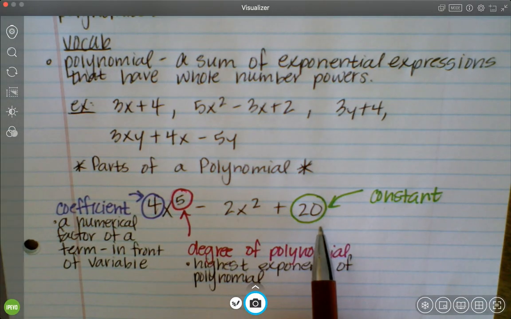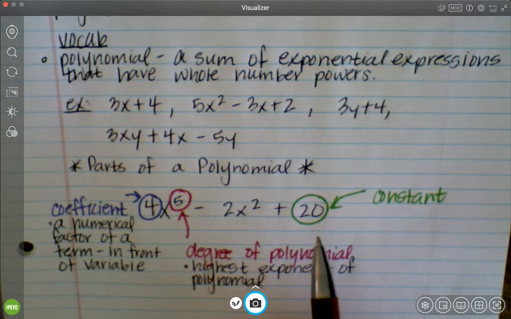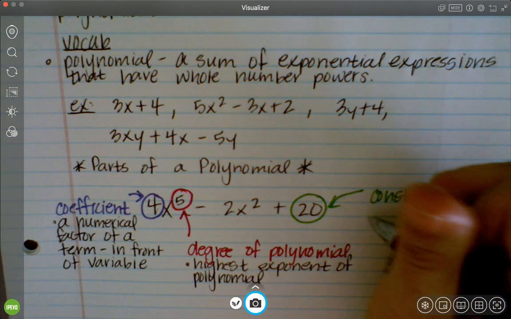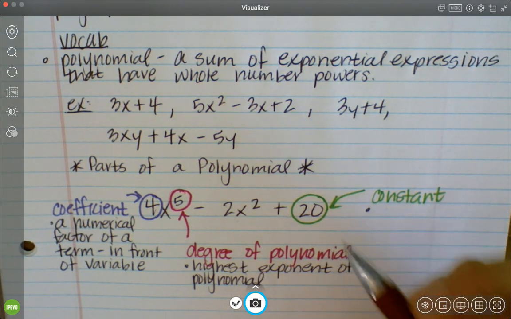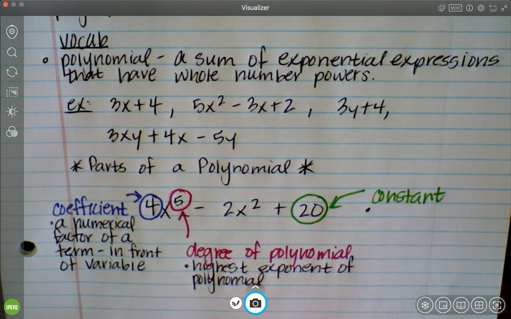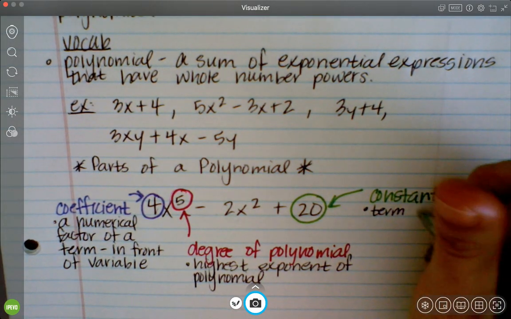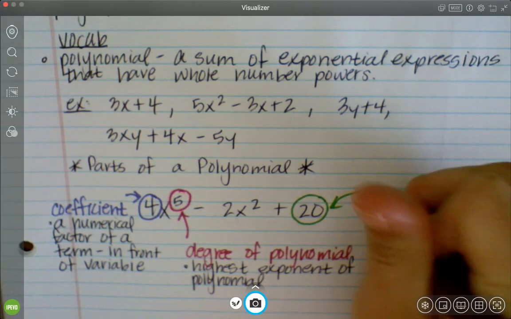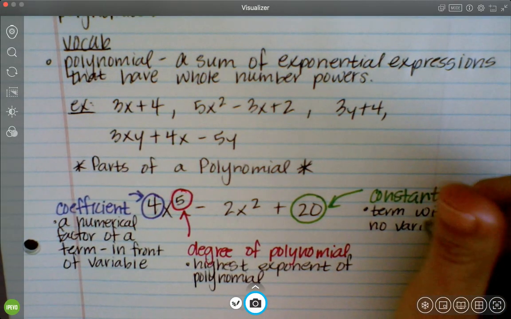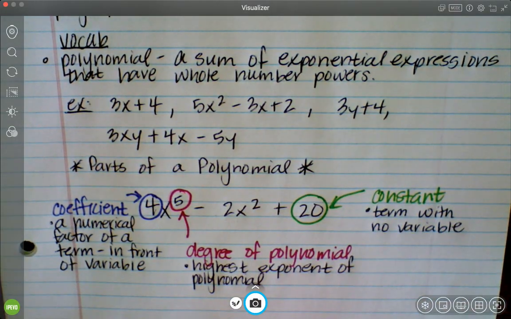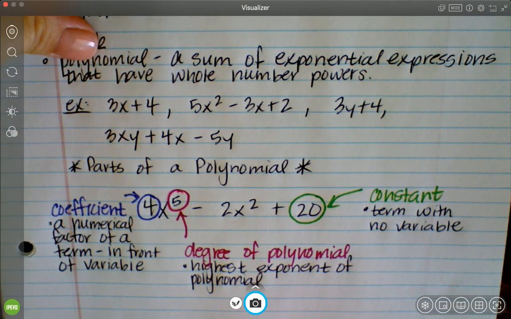However, with the constant, its value is constantly going to remain the same. It's always going to be 20, regardless of what we plug in for the x value. And this is the term with no variable. So those are the different parts of a polynomial.